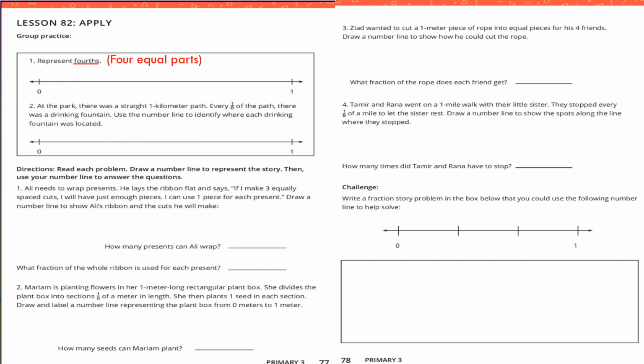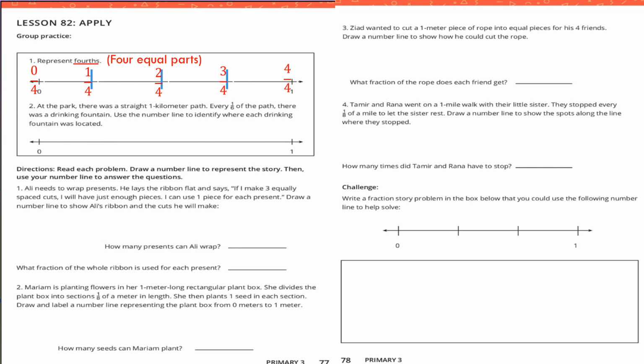Yes, 3 dashes. Don't forget to label each dash by the fraction. 0 will be 0 over 4, 1 over 4, 2 over 4, 3 over 4 till 4 over 4.